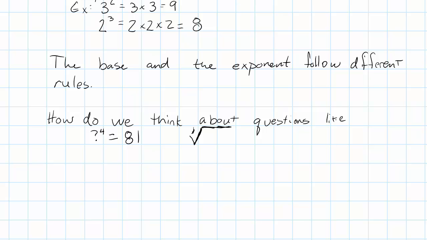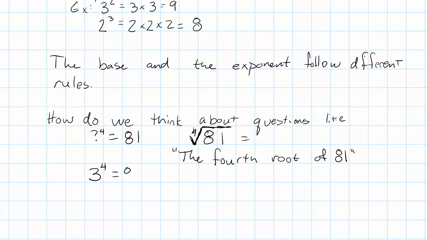I put a 4 in the little hook here, and I write 81 inside. I read this as the 4th root of 81. And a little bit of trial and error tells me that, in fact, 3 to the 4th equals 81. And so the 4th root of 81 equals 3.